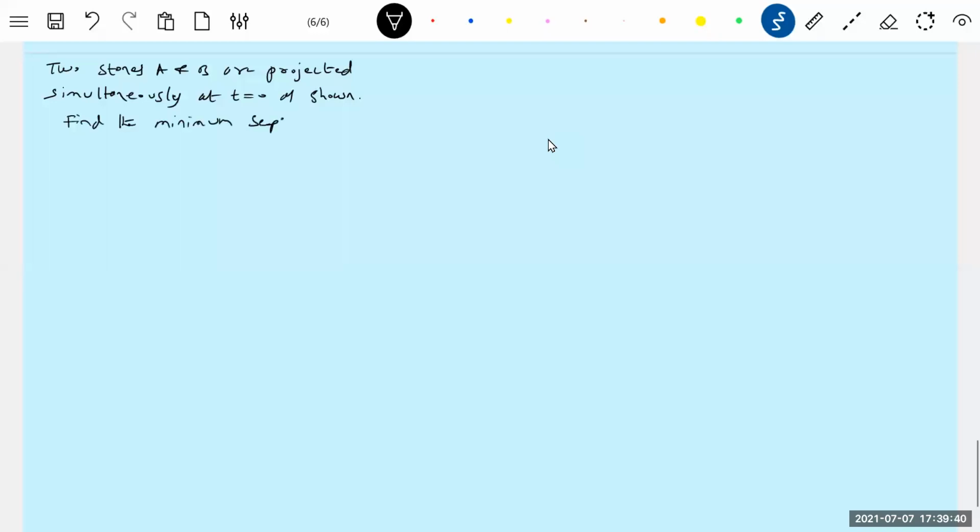Find the minimum separation between them during motion. Okay, this one I'll give with the diagram. This will be very challenging.